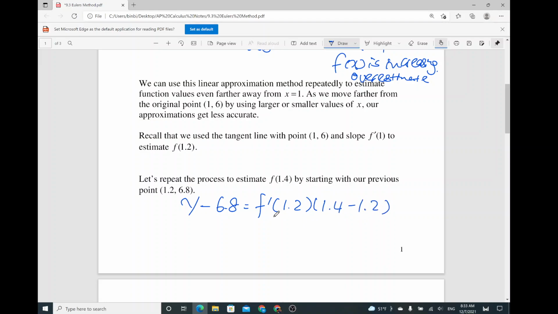Basically I'm just using the point slope form. So let's find out what that is. f prime of 1.2, the derivative at the previous point.